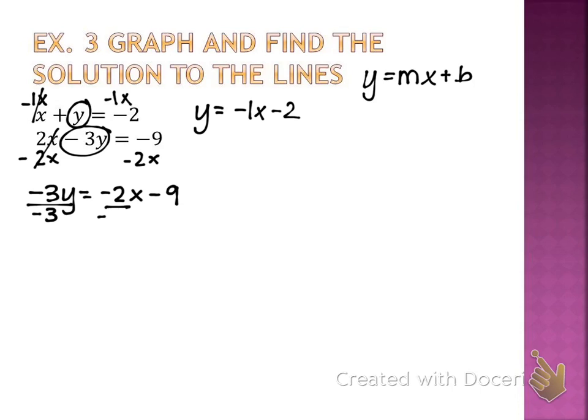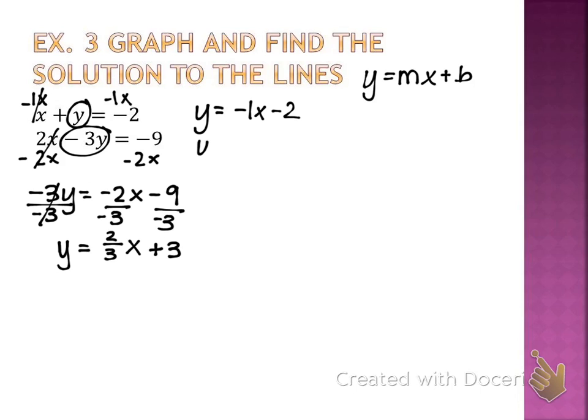Divide by negative 3. Okay. Y equals, what happens to the negative 2 over the negative 3? It becomes a positive. Positive 2 over 3x. What happens to negative 9 divided by negative 3? Positive 3. Okay? So this is my new equation.